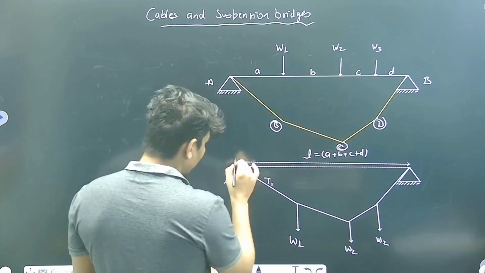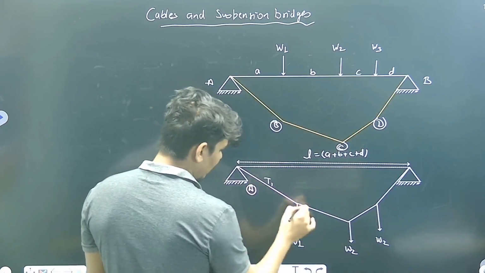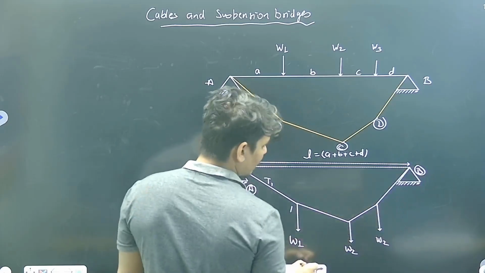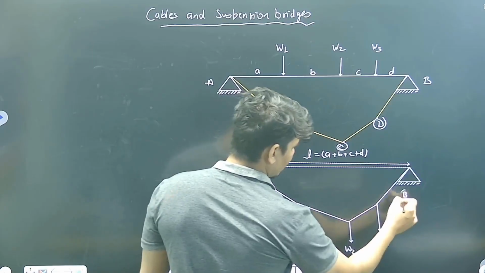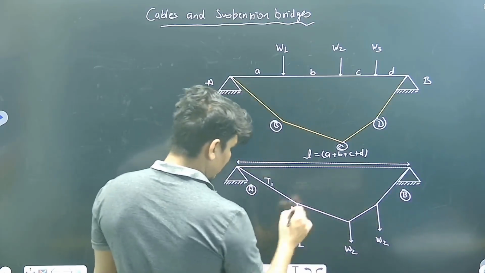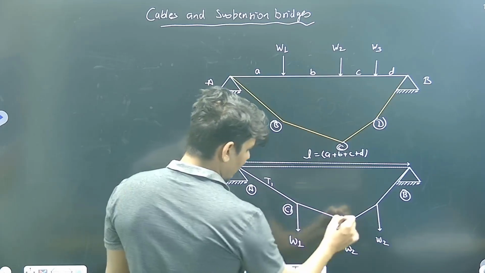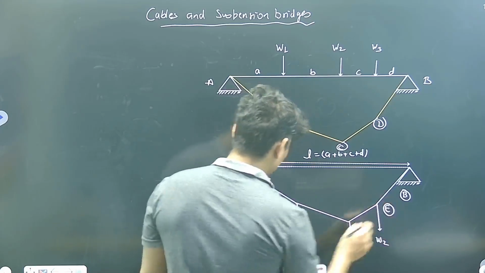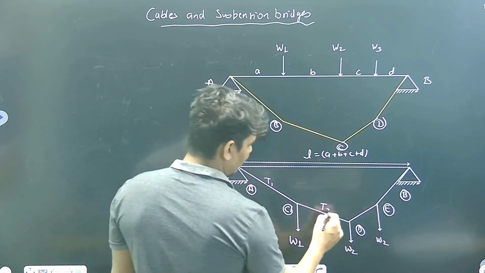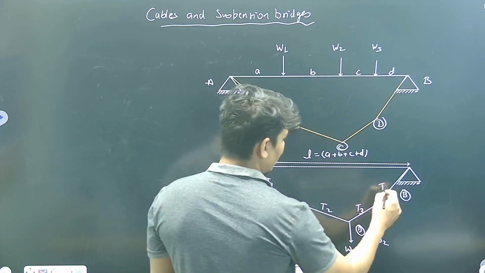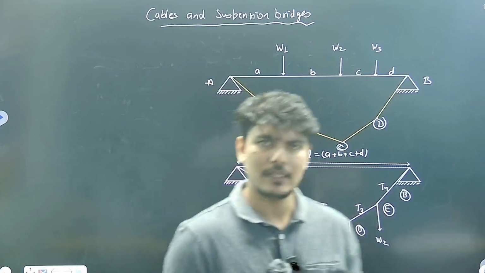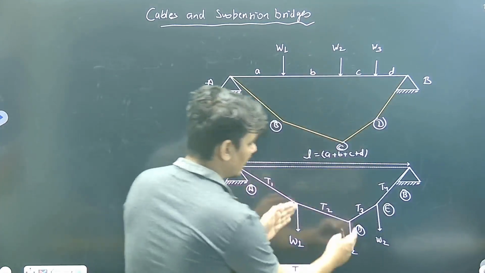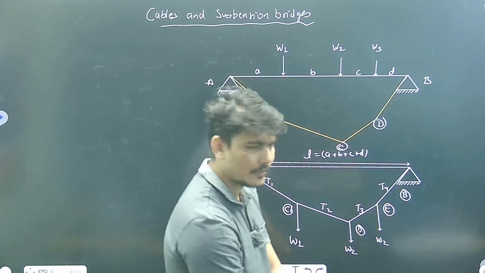So you have to find out the tension force generated in the string AC, CD, DE. So let T1, T2, T3, T4 be the corresponding tensile forces generated in the strings AC, CD, DE, and so on, respectively.